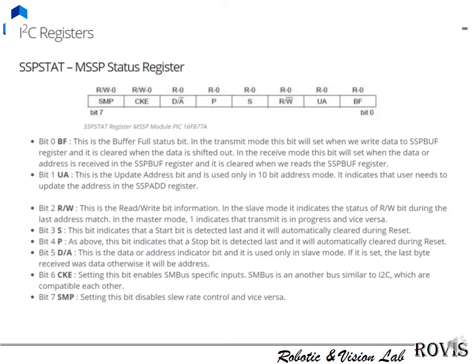And another very important register of the I2C mode is the status of the data, this is SSPSTAT. Bit 0 is the buffer full status. That means whether the SSPBUF buffer already has data or not.